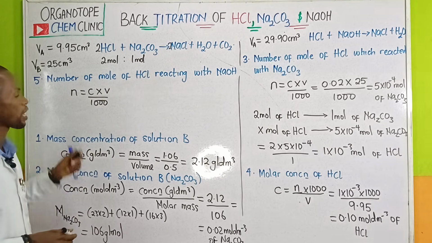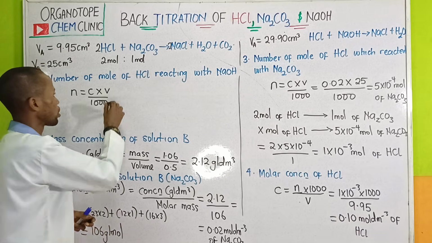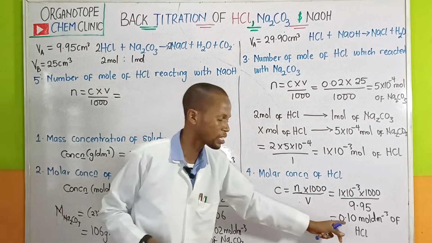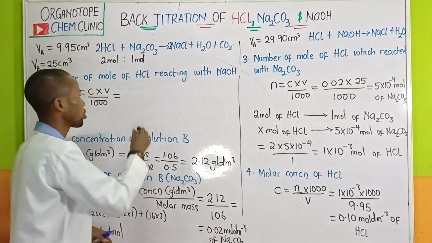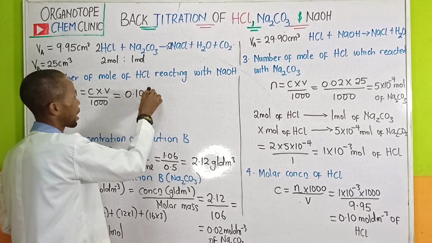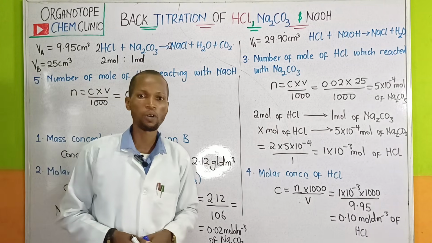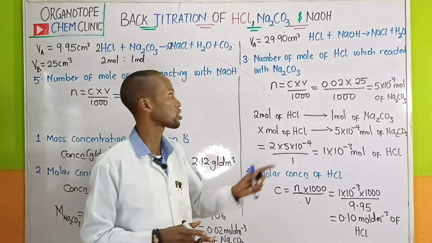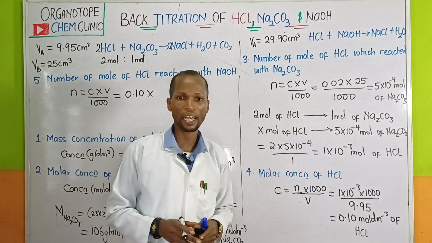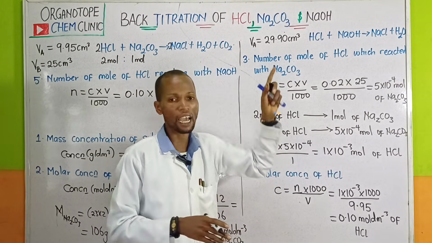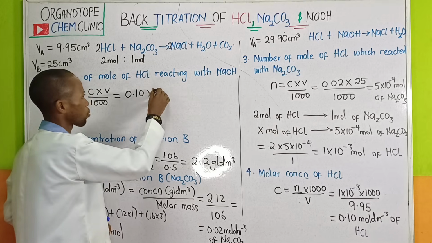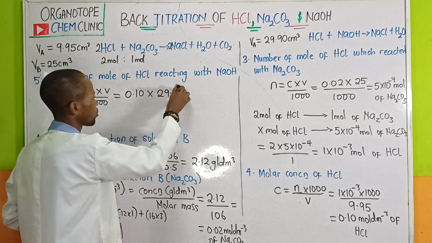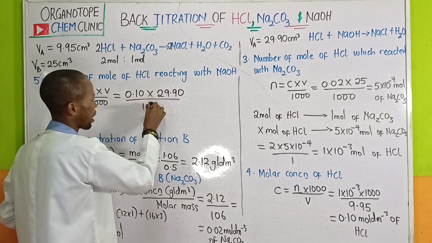Since we have to find the number of mole, the concentration of hydrochloric acid is 0.10. So we have 0.10 times what is the average volume of acid used in the neutralization of sodium hydroxide? That's right, we have 29.90, so we have 29.90 divided by 1000.